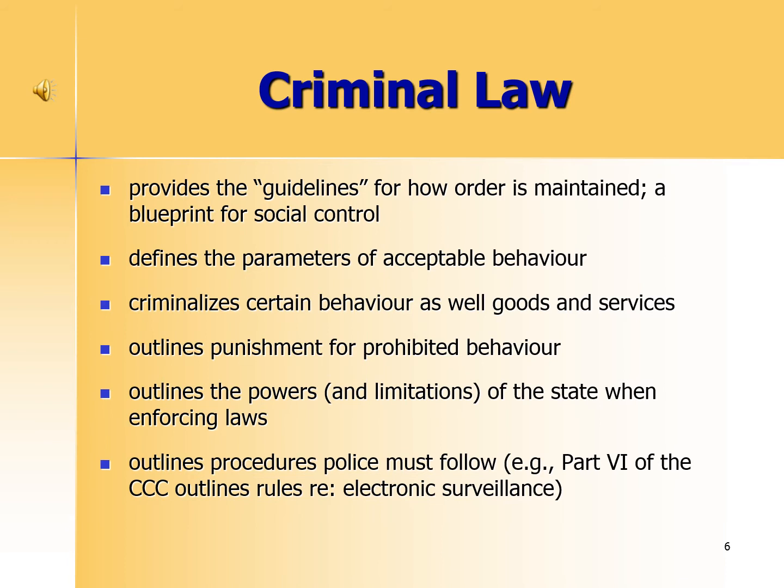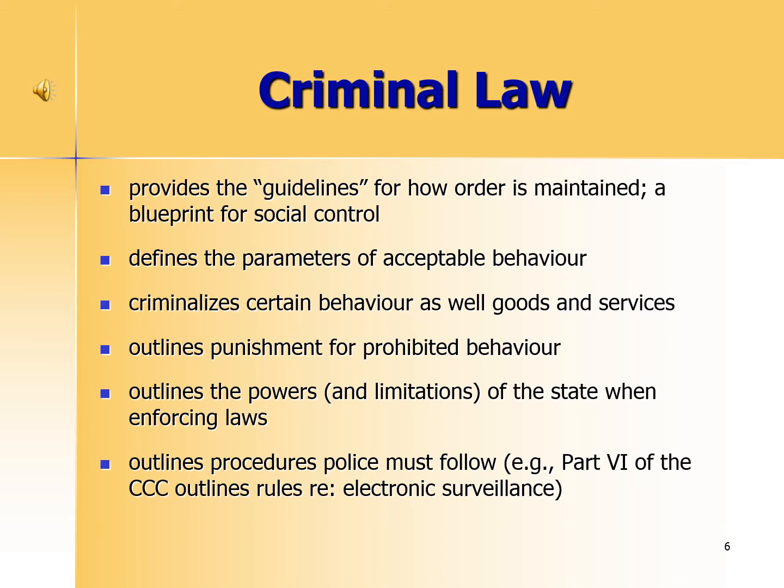In that context, it criminalizes what the government or society at large deems to be unacceptable or criminal behavior. So criminal laws criminalize certain behaviors such as break and enter or sexual assault, and they also criminalize certain goods and services such as drugs and prostitution or bookmaking, for example.